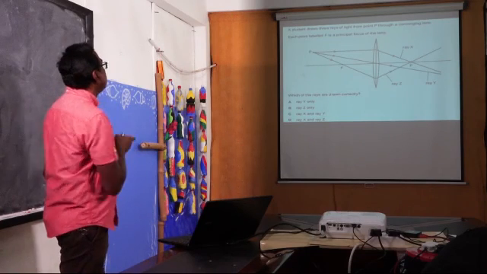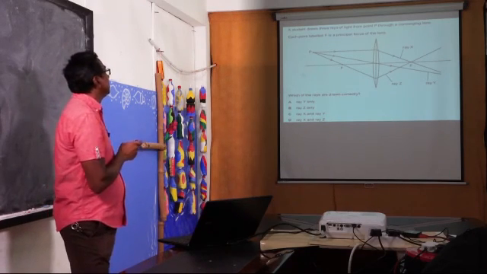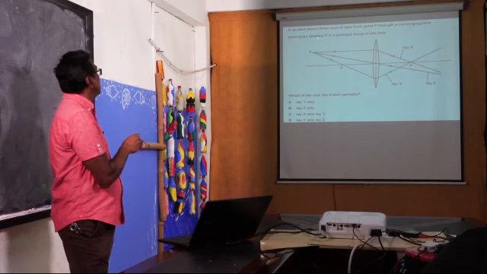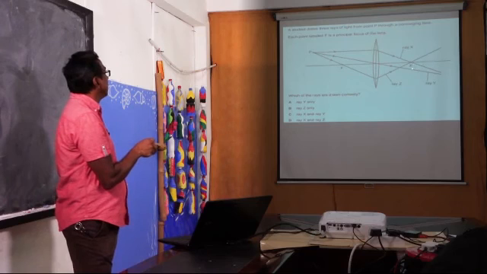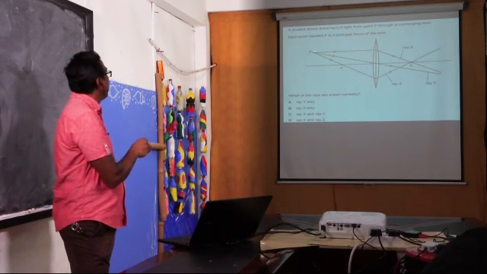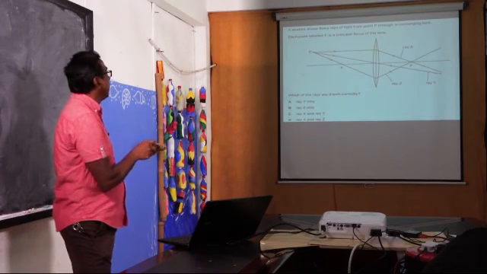Look at this one. 3 rays, converging lens, each point labeled F, right? Now, which of the rays are drawn correctly? Let us look at this one, ray X. It goes through F, correct.